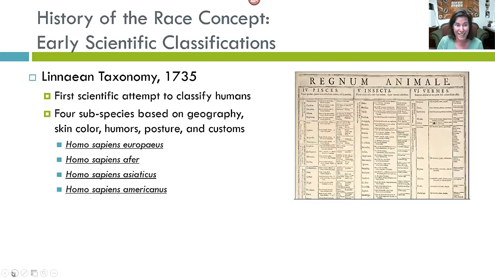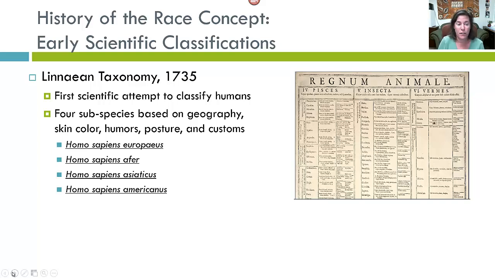The first scientific attempt to categorize the newly discovered variation among humans was by Linnaeus. Linnaeus created a taxonomic classification which put humans into 4 groupings, and he put them as subspecies based on their geography, their skin color, their humors, their posture, and their customs.